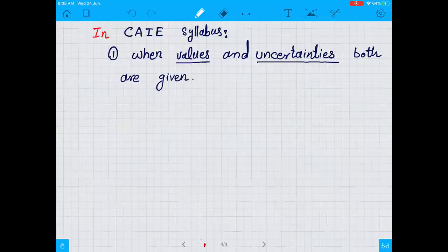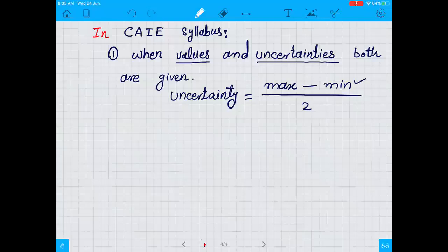So one type of situation is when the values and uncertainties both are given. Then you can apply the formula: uncertainty is equal to maximum minus minimum over 2. Then this formula is applicable.